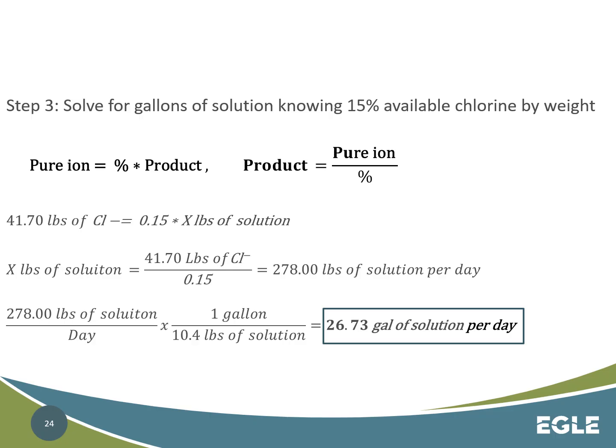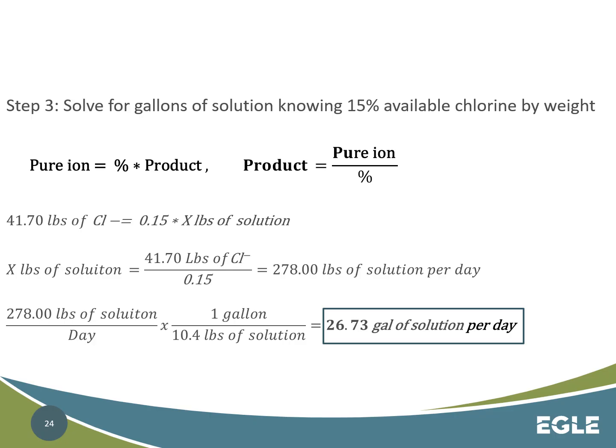And one thing you want to ask yourself, what am I trying to achieve, right? Am I trying to find the product, or am I trying to find the pure ion? In this case, we found the pure ion already, which was pounds of pure chlorine. So we have to find the product, and the product is equal to your pure ion pounds divided by the percentage, 0.15, to get your pounds of solution.